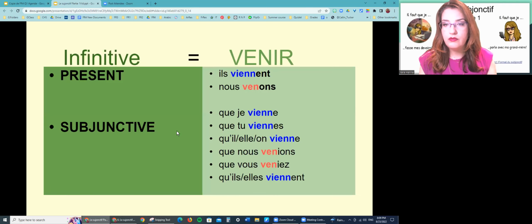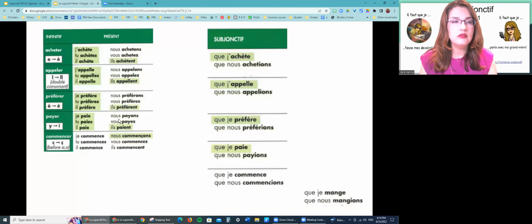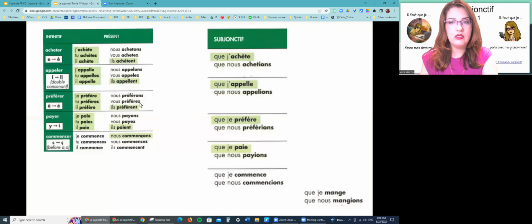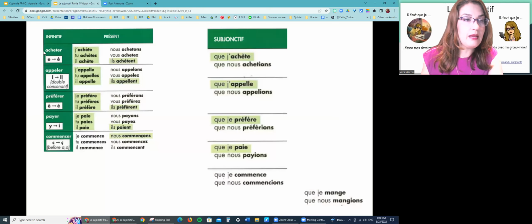So we did already venir. Here is another visual, pardon. Let me focus on the slide. Here is another visual of the stem changing verb like acheter. The E changes to È. J'achète, tu achètes, il achète, nous achetons, vous achetez, ils achètent.